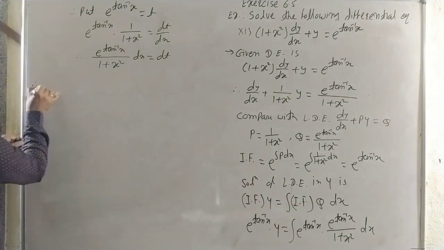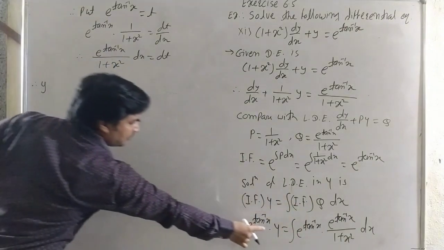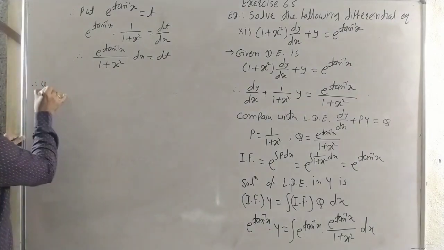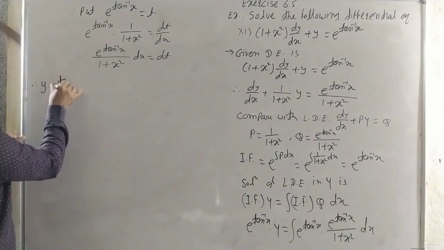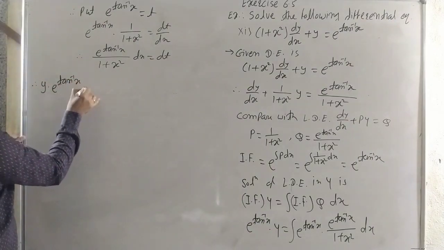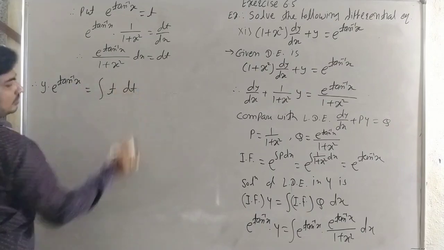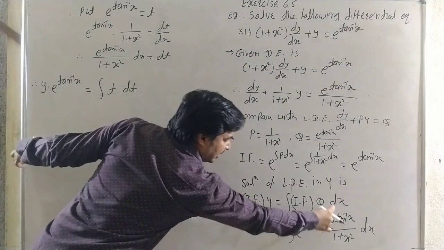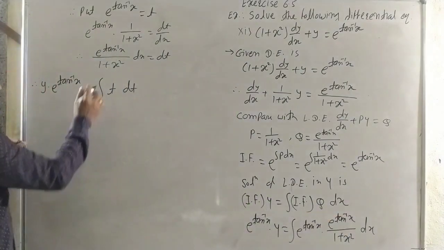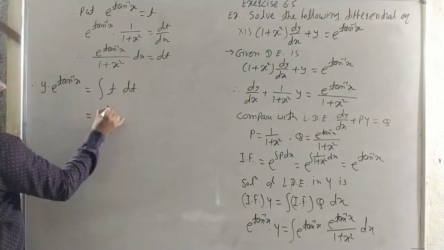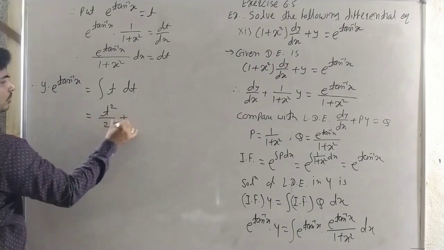And therefore, our solution y into e to the power tan inverse x is equal to, our integral becomes t dt. And then the integral is t square by 2 plus c.